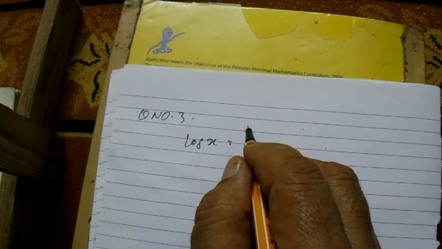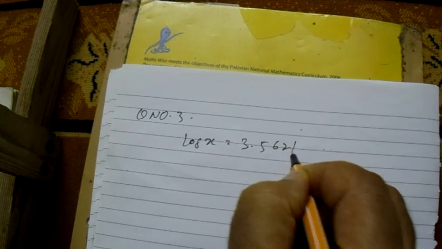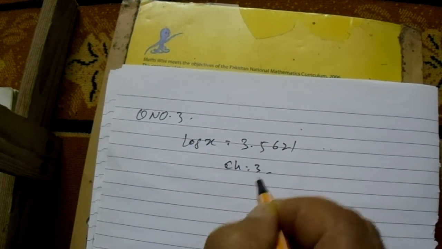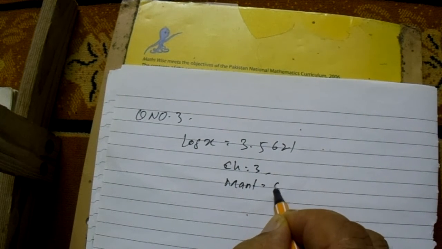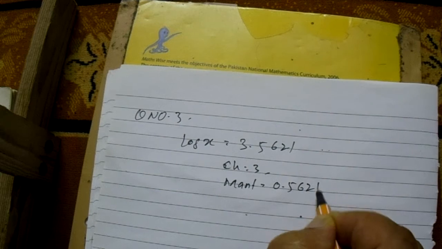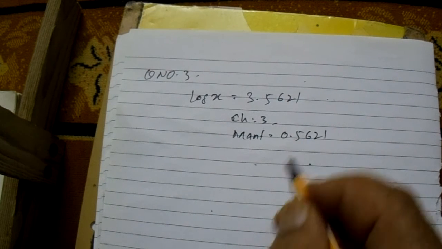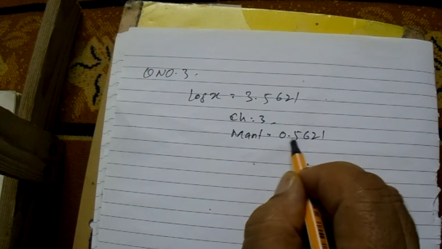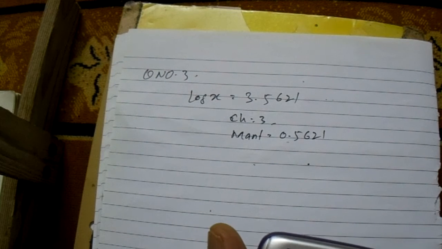the first part, 3.5621. Now here the characteristic is 3, mantissa is equal to 0.5621. You will also use the calculator.